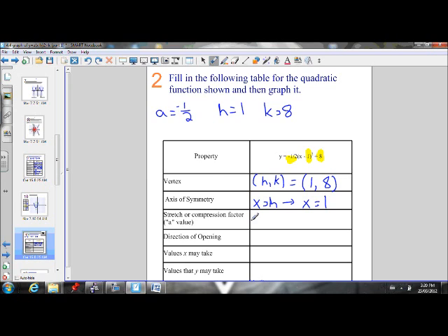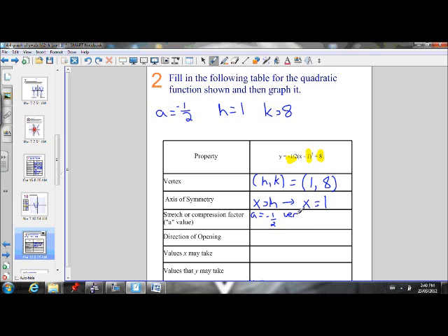Stretch or compression? In this case, we do have an a value that is not 1, so it is going to be stretched or compressed. Our a value is negative 1 over 2. A equals negative 1 over 2. Okay, so we have an a value that's between 0 and negative 1. We know that that causes a vertical compression.